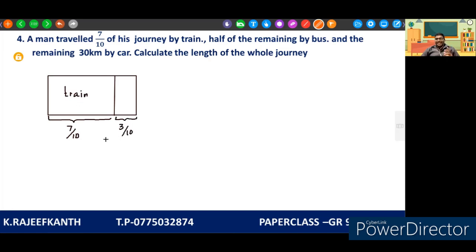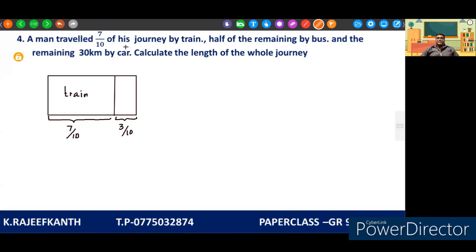Because the whole journey is 1, no? Right? So here he is traveling by train the distance of 7/10. So the 7/10 part he traveled by train. Then the balance is 3/10.